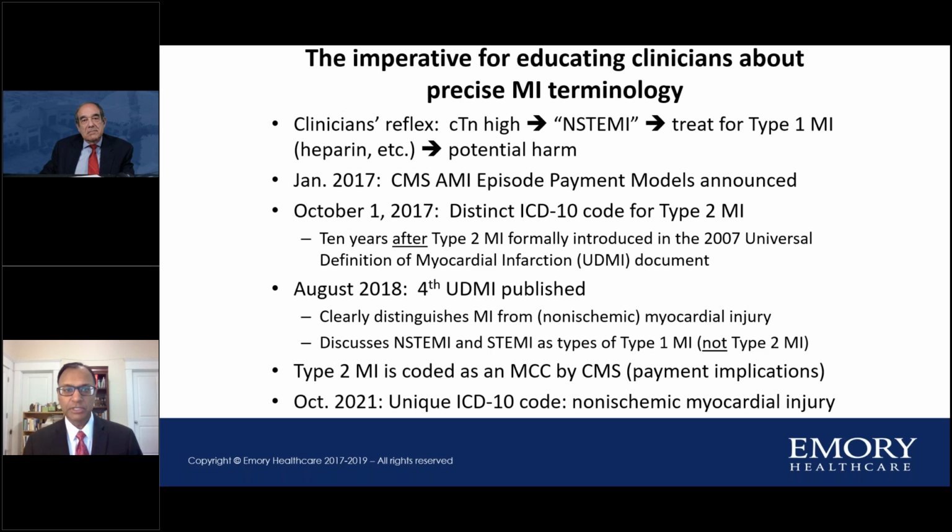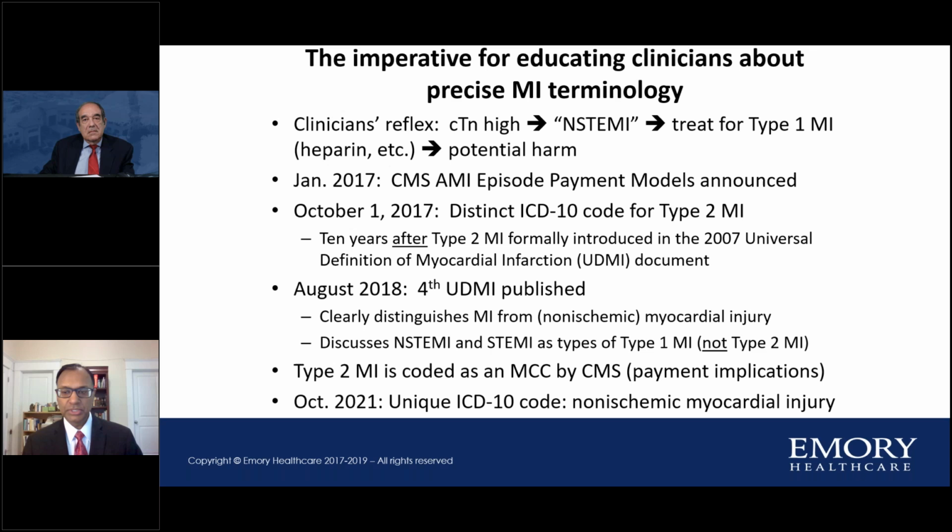What we've learned in our experience is many clinicians have the reflex that whenever troponin is elevated, they will automatically label the patient as having an NSTEMI, which really triggers them to go down the type 1 MI treatment pathway, which is MI due to acute plaque rupture or acute thrombosis. They'll start heparin, dual antiplatelet therapy, maybe early invasive approach. And for those who are not having a type 1 MI, it can cause potential harm.